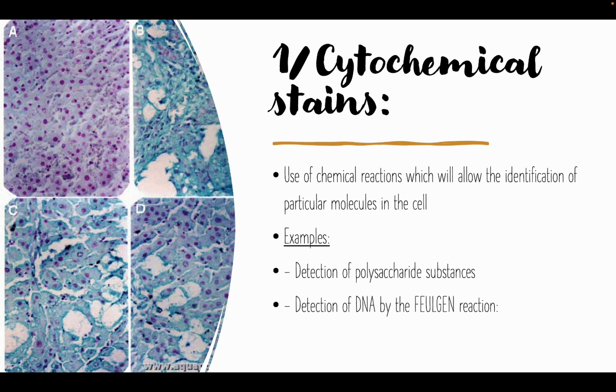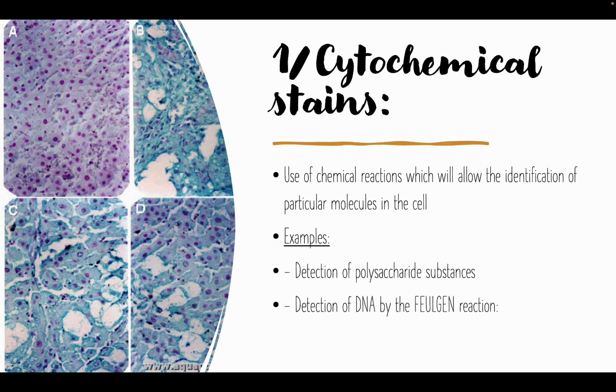So, for us to know that a substance is in the cell, we're going to color all the cell. As an example, we want to know that substance X is in the cell, and substance X is colored in red. So we are going to color all the cell, and after coloring it, we're going to have the results, and we are going to see if we have the red color in the cell.